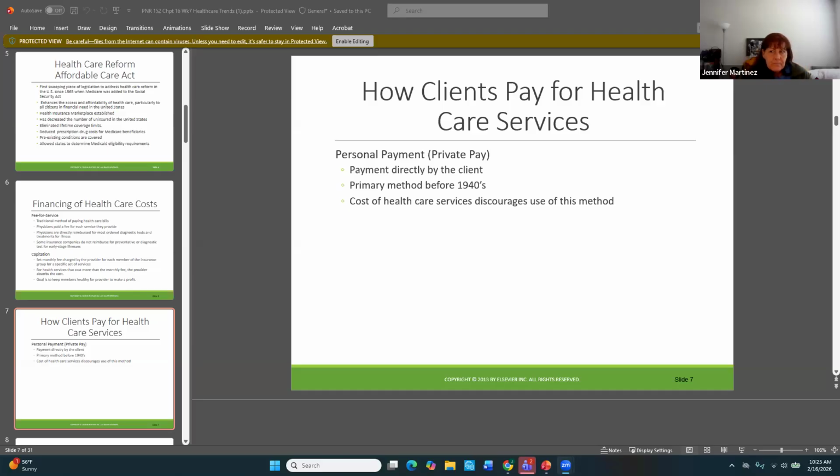Most people have tried to get some sort of insurance. Although I had a friend, bless her heart, who had a really small private business, only about 10 employees, and never had health insurance for her employees or for herself.